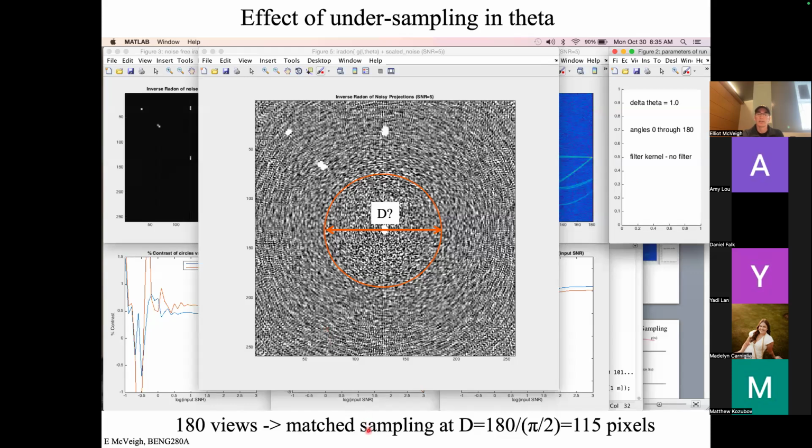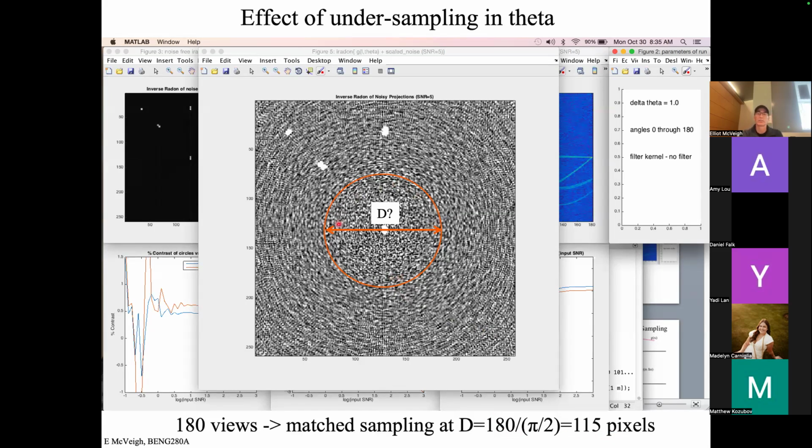It turns out that to match the Nyquist sampling in both L and theta for 180 views here, I basically need a width of 115 pixels across here, and we'll see how we can derive this relationship.